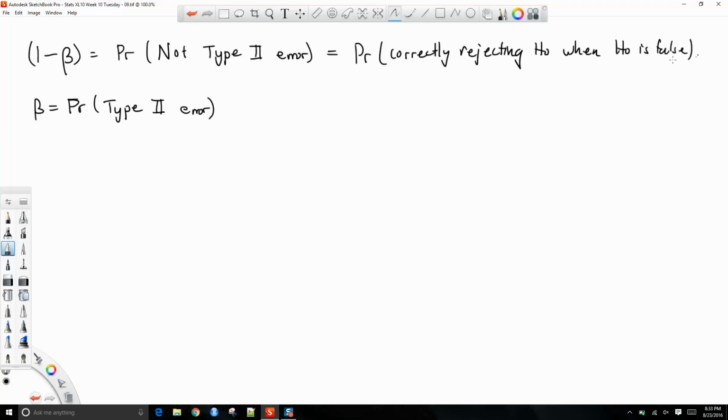Okay? And so 1 minus beta is called power. We give it a special name. Power is the probability of correctly rejecting the null when the null is false. This is something we want, right?